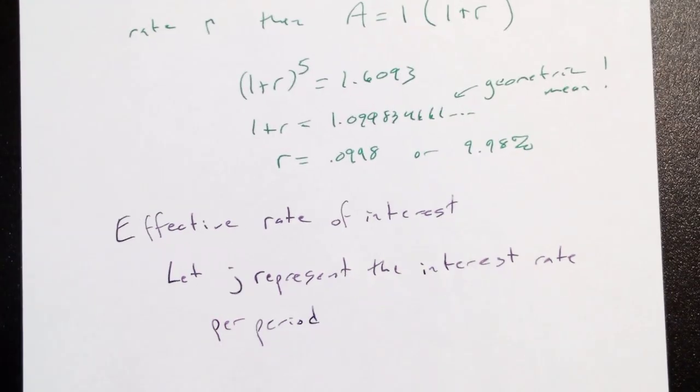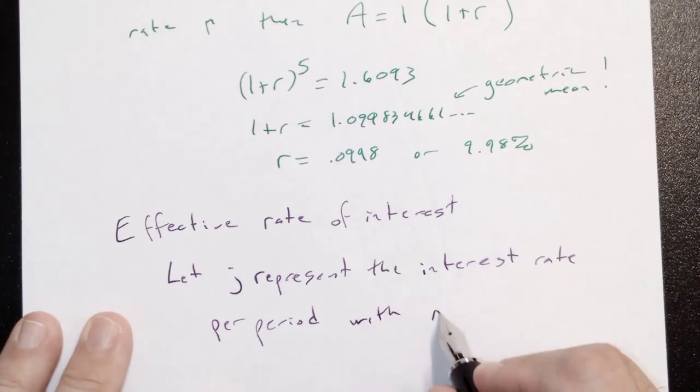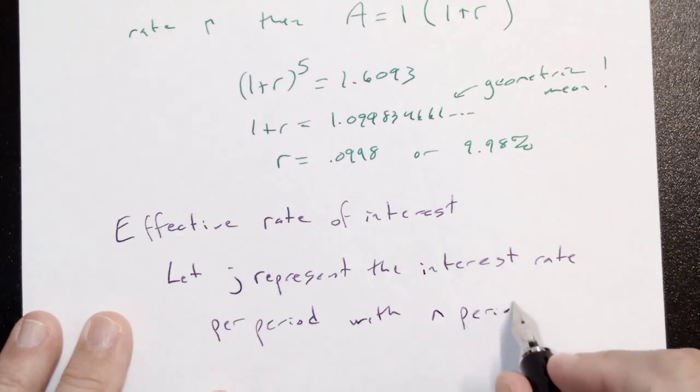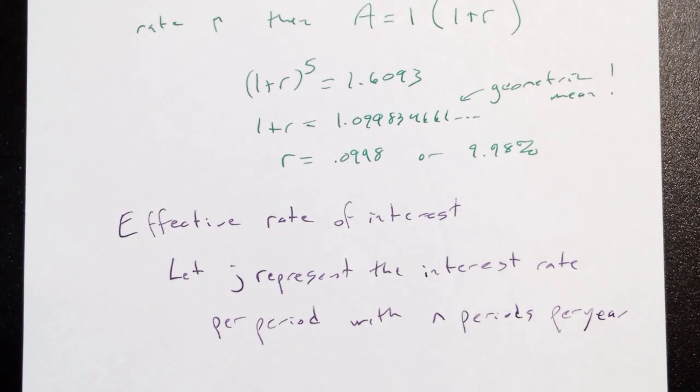But if I had, say, a rate that was based on weeks, or a rate that was based on months, or a rate that was based on quarters, then I can think about that as a different variable, J in this case. And then we'll have a number of periods a year.